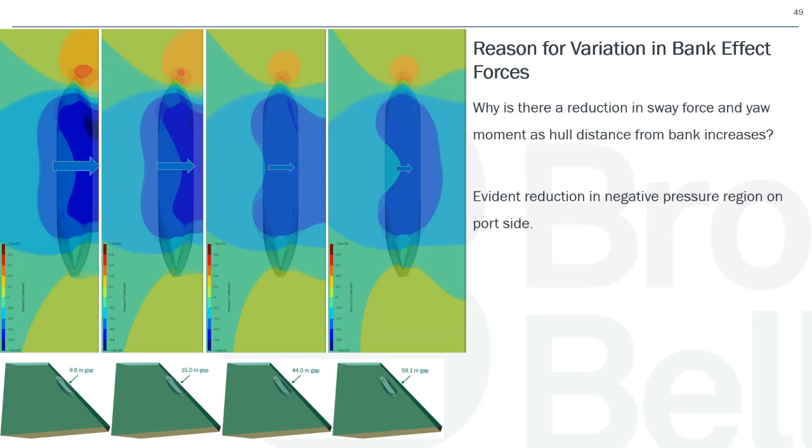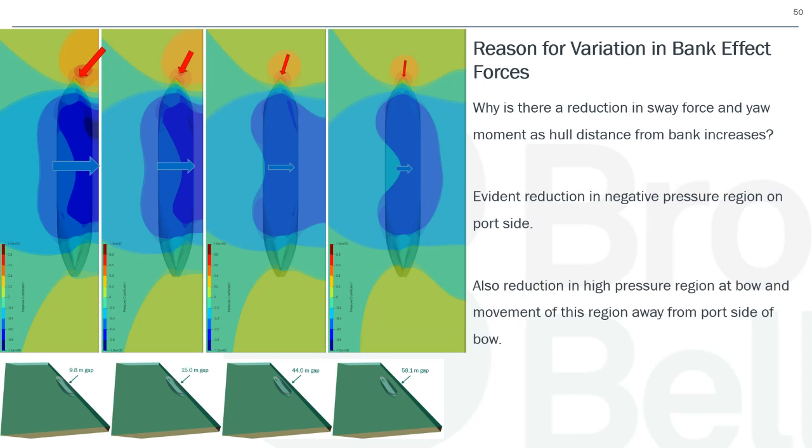So this causes a reduction in your imbalance. You can also see at the 58 meter case, it's not completely symmetrical flow, but it's getting towards symmetrical flow, which we saw in the open water case. So that imbalance reduces because of your reduction in pressure intensities, and it's becoming more symmetrical as you move away from the bank.